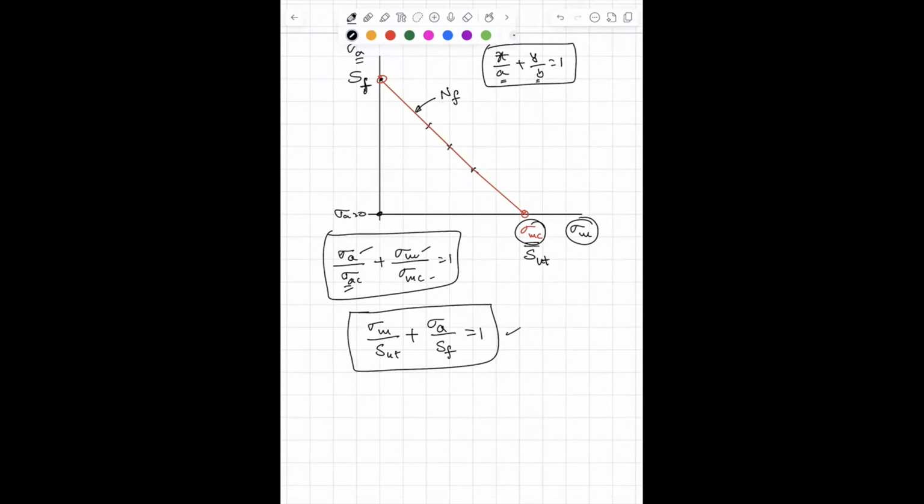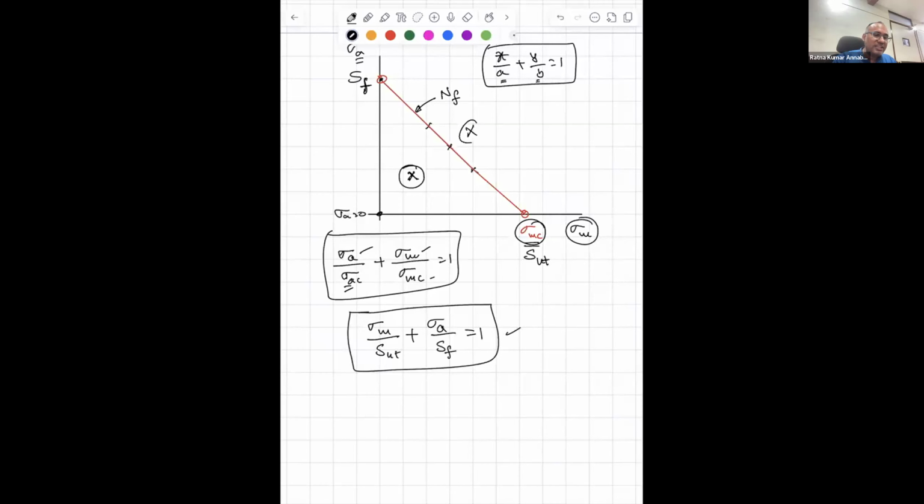So any point where my stress sigma m, sigma a combination is within this boundary, that means the material is experiencing a combination of mean stress and alternating stress somewhere here, then this is safe.